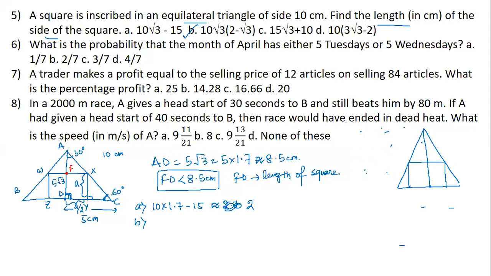So this has to be divided into 4 parts. This is one part, this is one part, this is one part, and this is another part. So this is not actually that low. 1/4 of 8.5 is around 2 point something.